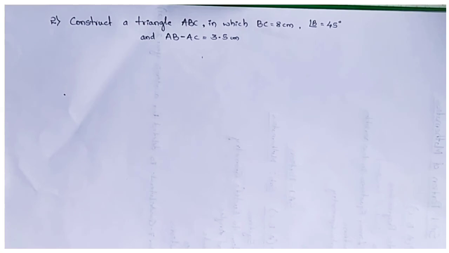Now the second type. In the second question, construct a triangle ABC in which BC equal to 8 centimeters, angle B equal to 45 degrees and AB minus AC equal to 3.5 centimeters. First, the base they gave is 8 centimeters.